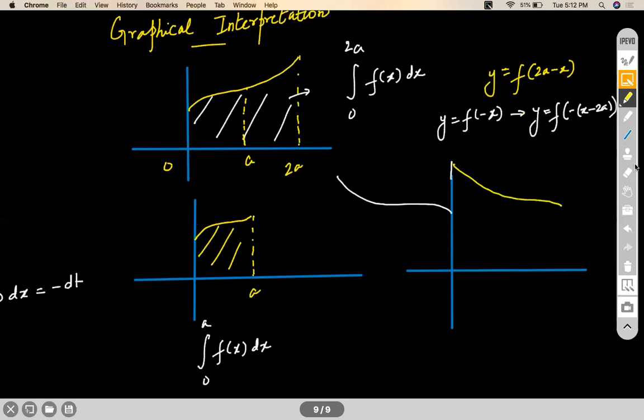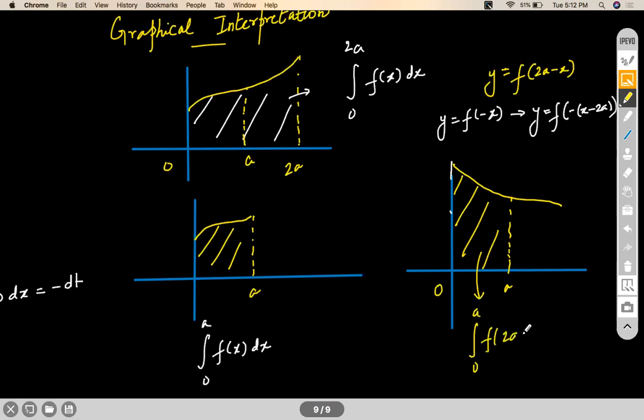Now this function graph, you are integrating again from 0 to a. So you're finding this area, which is 0 to a f of 2a minus x. It is very obvious that this region will map to this region, because you have the same function integrated from 0 to a here and 0 to a here.